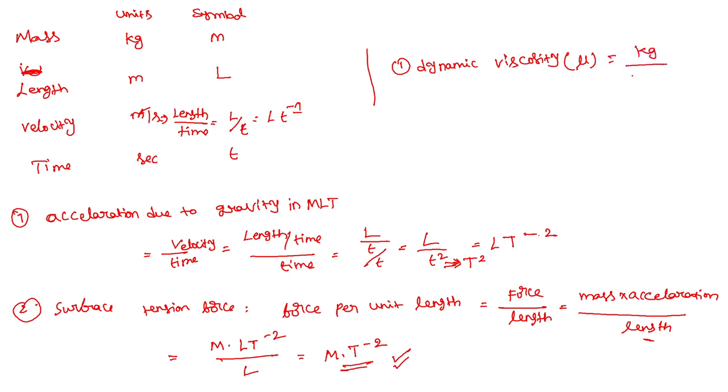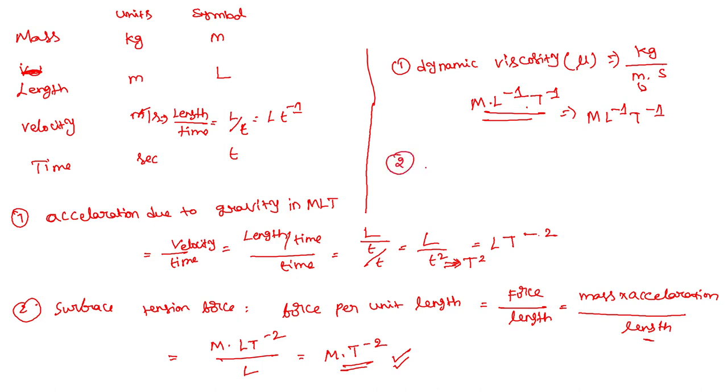Dynamic viscosity units are kg per meter second. Kg is M, meters is L so it will be L inverse, and seconds is T inverse. So it will be M L inverse T inverse. This may appear trivial, but these are very necessary, not only here, even in open channel flow and other topics also.